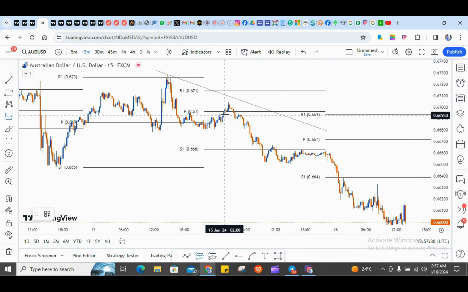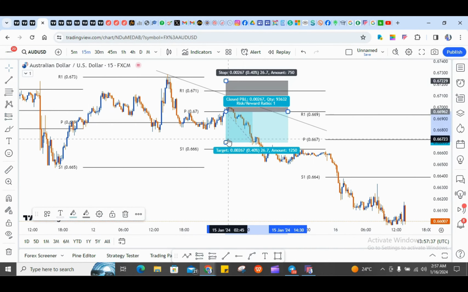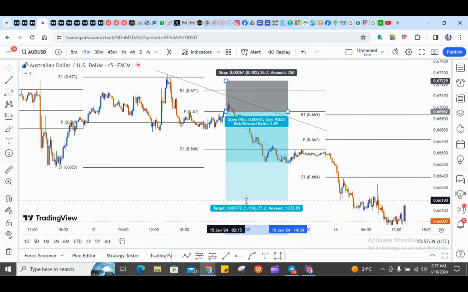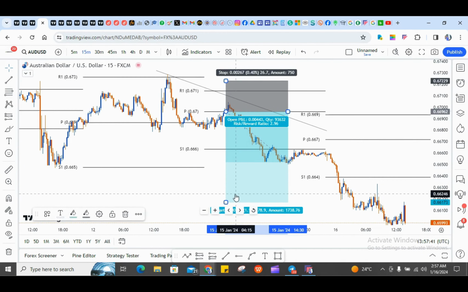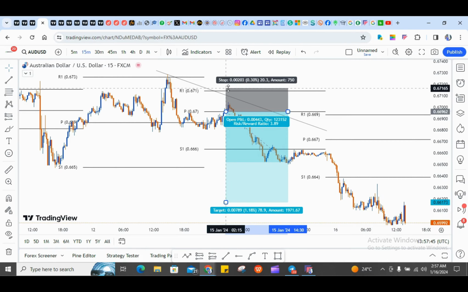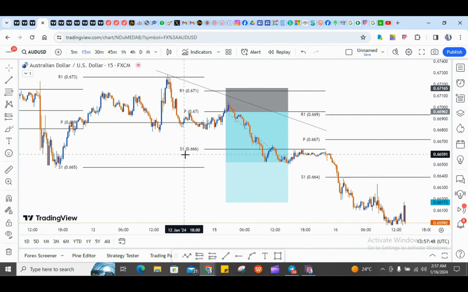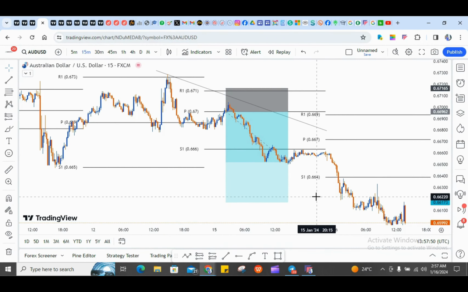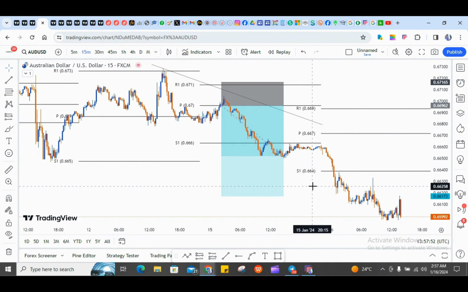Just put your entry around here because your trend line has already shown you that it's a downtrend. Then you look for making 80 pips and risking just 20 pips. Something just above the trend line, as you can see, that's 20 pips. So if you have entered this trade also, you'd have come out in profit.